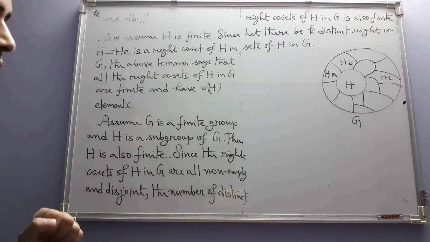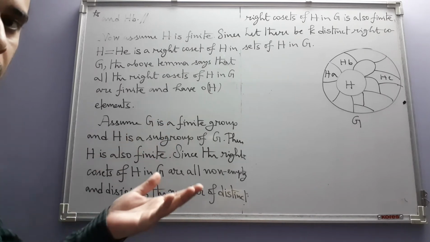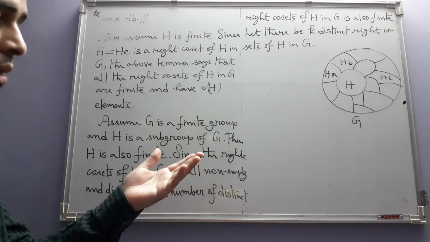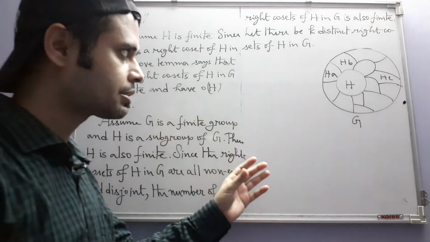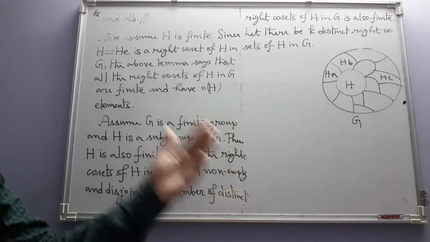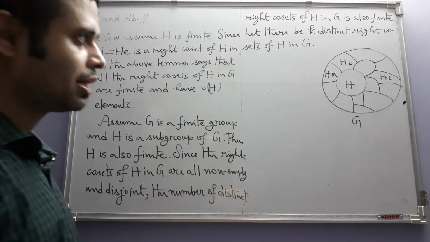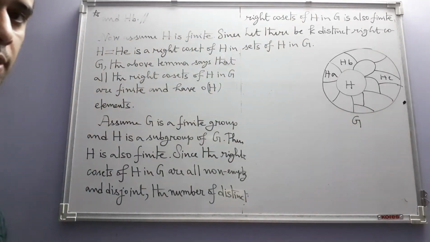They are disjoint and their union is G, because we know that if there is an equivalence relation on a set, then the equivalence classes are disjoint and their union is the entire set. So what do you think the total number of elements in G will be?